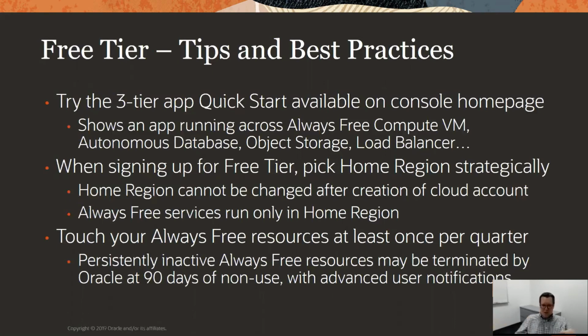So there's a virtuous cycle there, pinging one another, that guarantees the VM and the autonomous database are always used every hour of every day throughout the year. There are some clever things like that you can do. It's not too big a deal. The bottom line is, touch your always free resources individually at least once a quarter. And by the way, I should point out too, this is common in the industry.